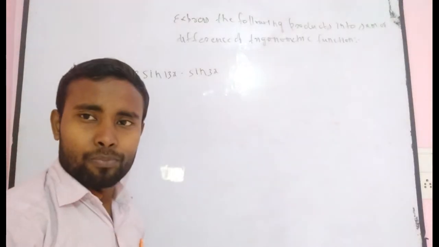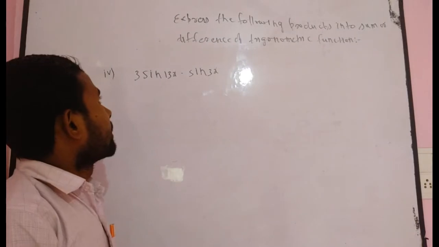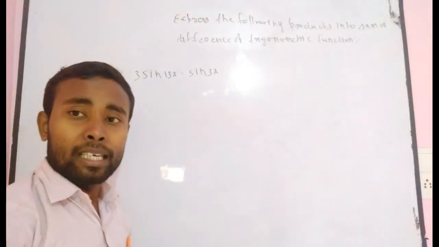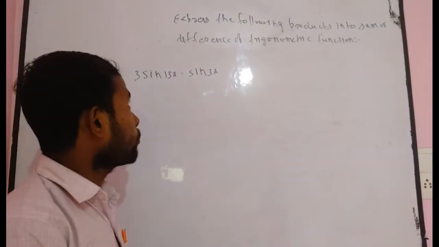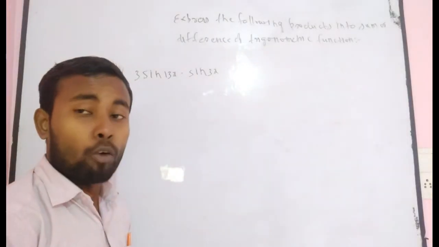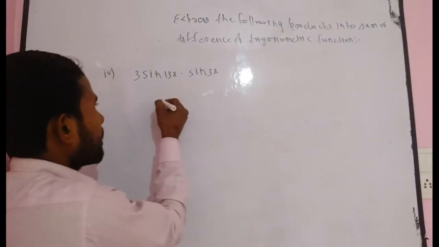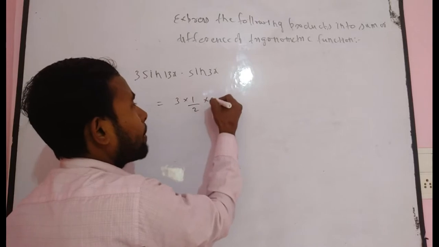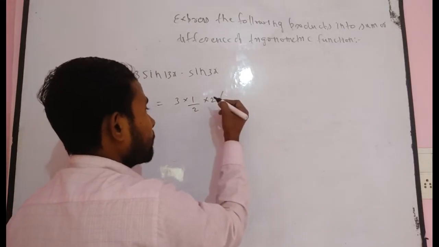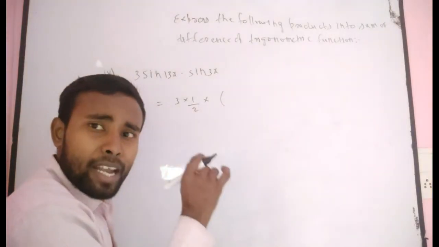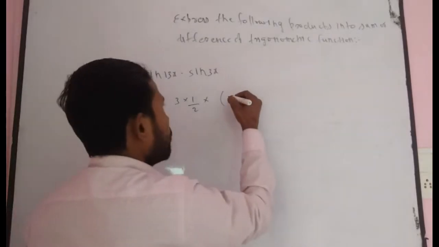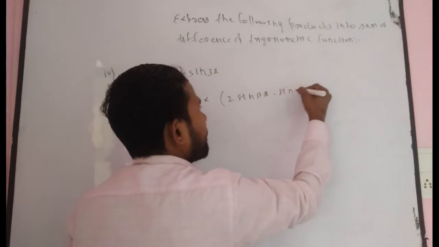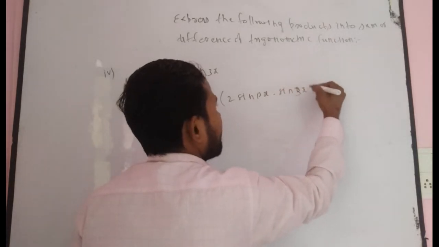As you know, there is no 3 in the formula, so in this case you consider how you can write 3 or how you can remove it. You don't remove it; you simply multiply by 2 and divide by 2, because that is necessary for the given trigonometric function. So you can write 2 times sin 13x into sin 3x.